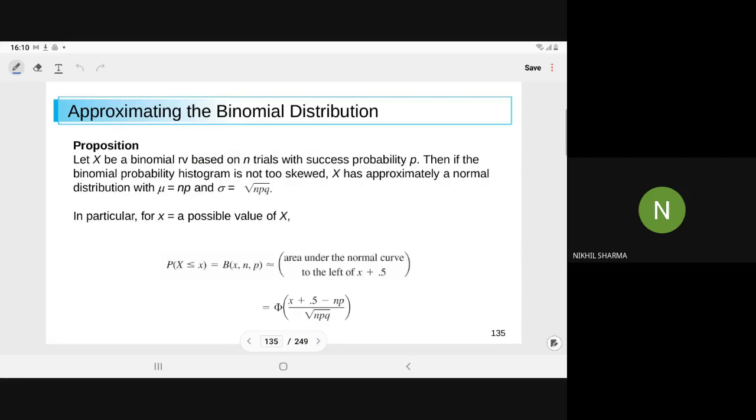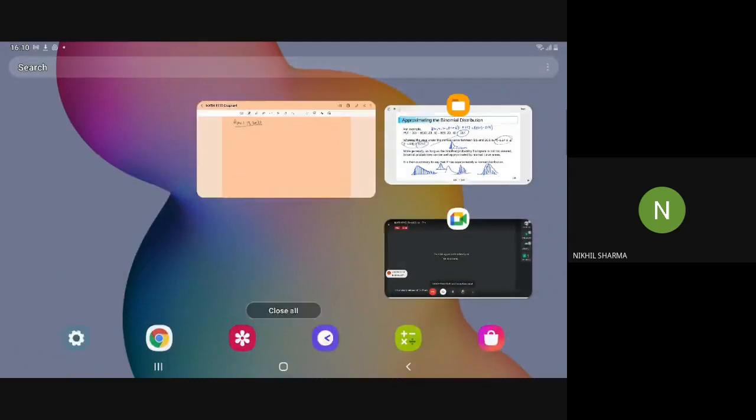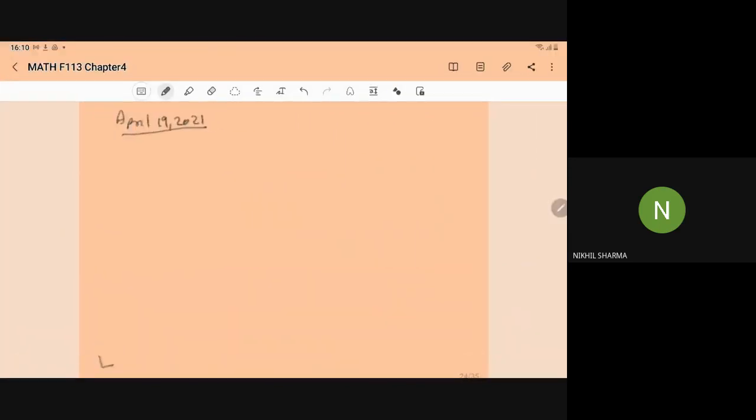So in this slide, I have to explain how we can approximate. Let's say we have this graph, with x equal to 1, 2, 3, 4, 5, 6 like this, and these are discrete points.